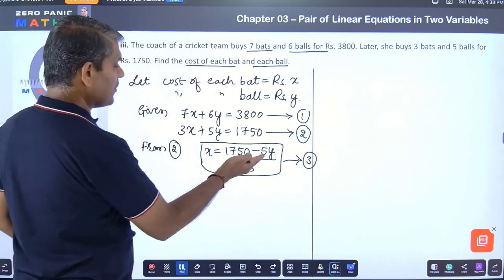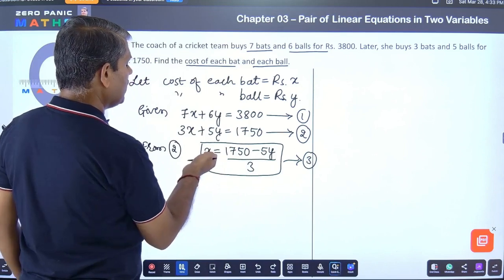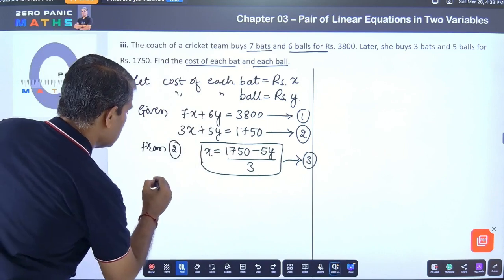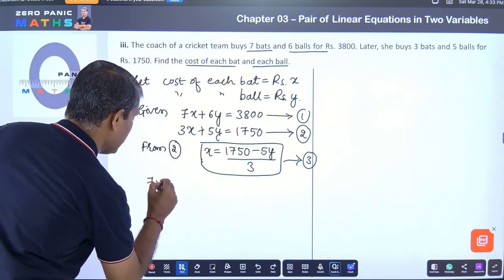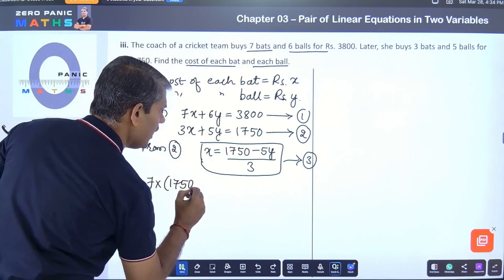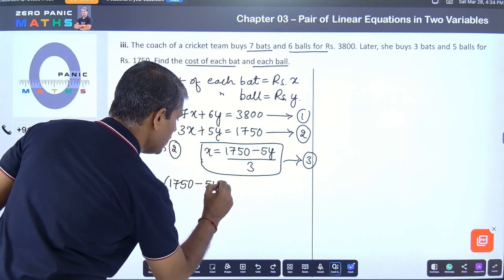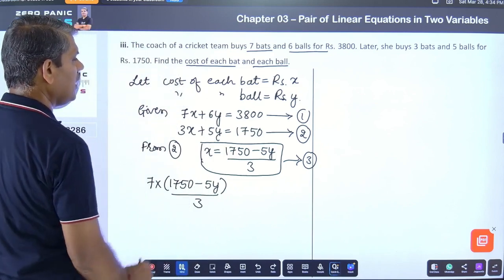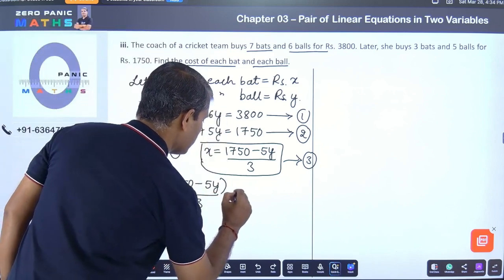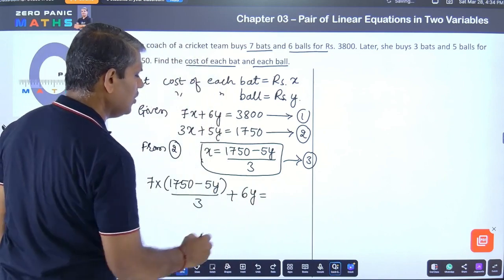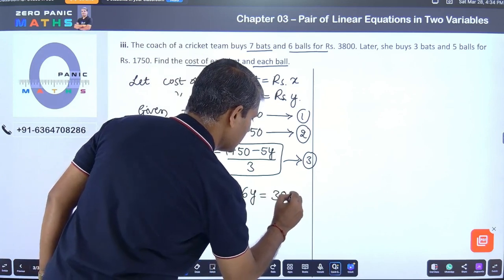Let us substitute the equation 3 value of x into the first equation. So 7 into (1750 minus 5y) divided by 3, plus 6y is equal to 3800.